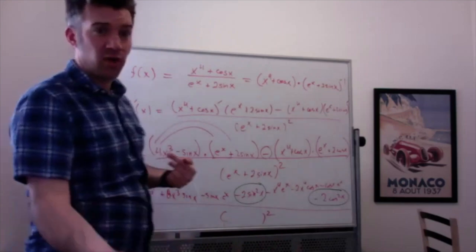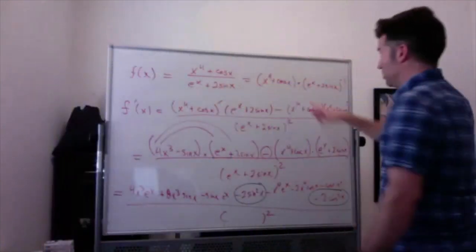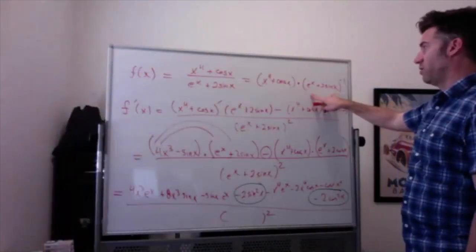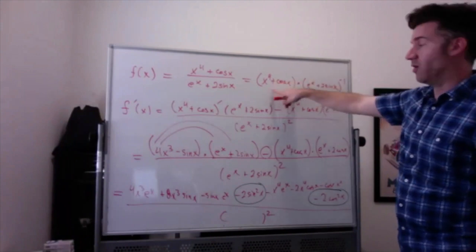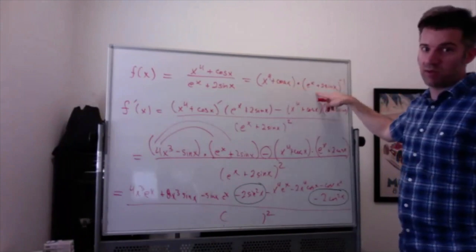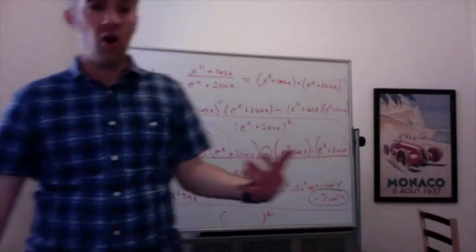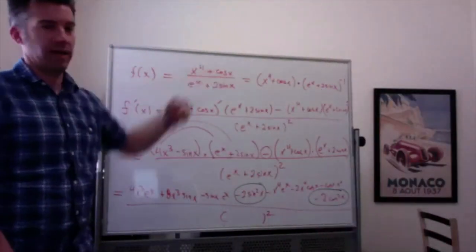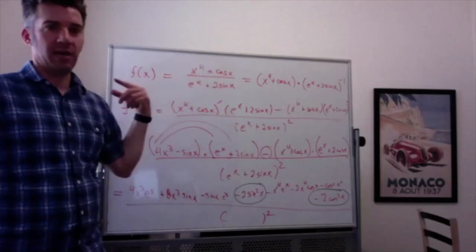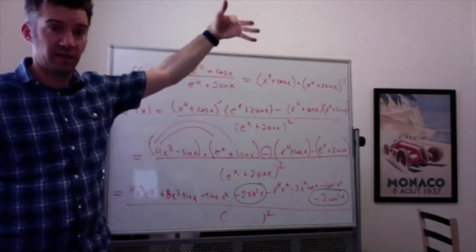Then you have to use the product rule and the chain rule. So you do the derivative of this times this left alone plus this left alone times the derivative of this, which is going to require the chain rule. And you can always avoid the quotient rule if you rewrite every fraction as the top times the bottom part, all in parentheses to the negative first power.